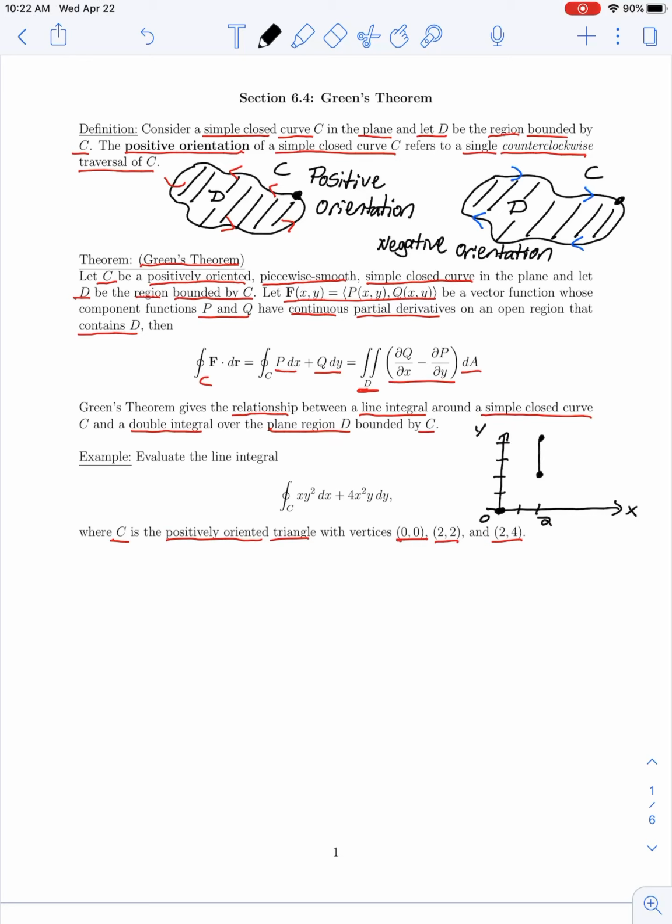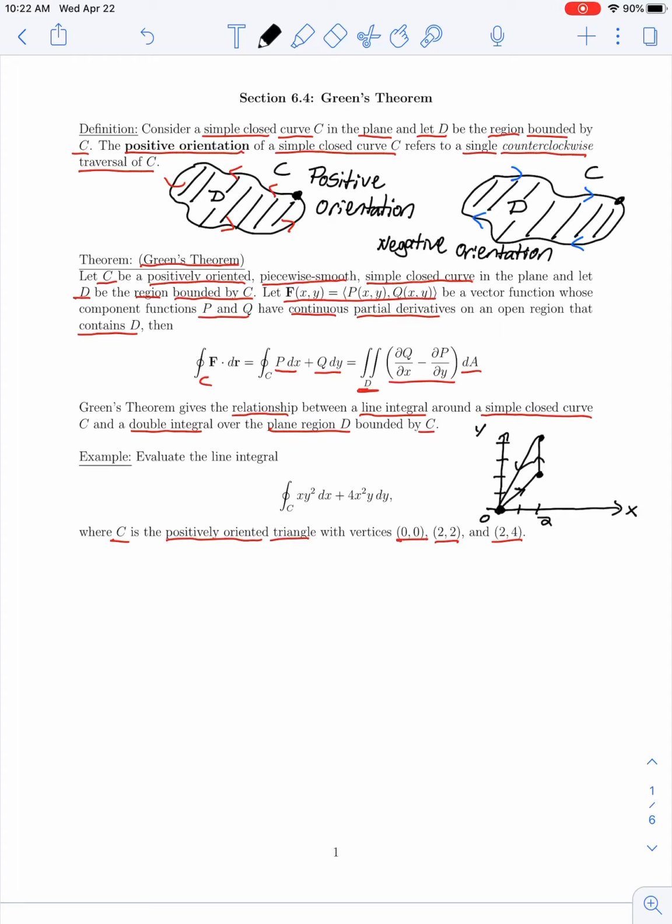So we're looking at the following triangle in the xy plane. So we can see, well, this triangle consists of 3 line segments. So if this is positively oriented, we would be traversing that triangle, or those 3 line segments, in a counterclockwise direction.